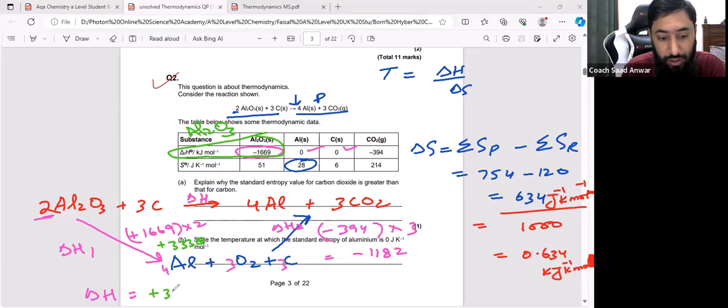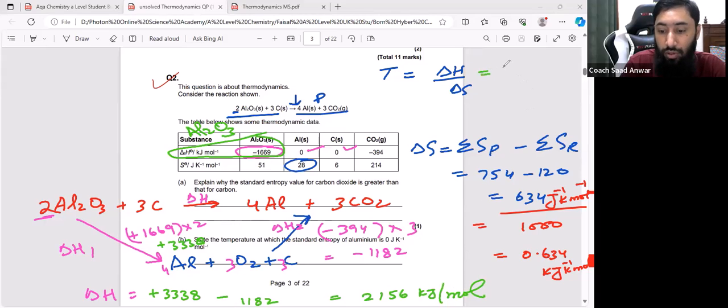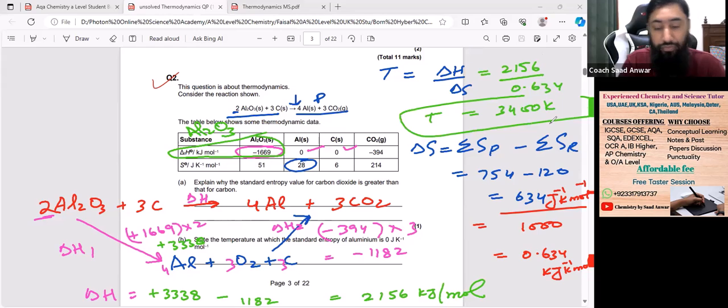So plus 338 minus 1182 will be 2156 kilojoule per mole. So here I am going to put 2156, and here I am going to put 0.634. When I solve this, I will get the answer. This is my temperature in Kelvin. So this is how I solve this question.